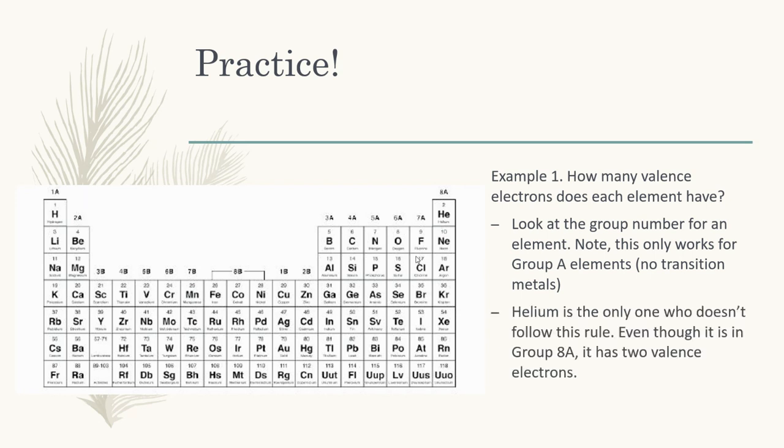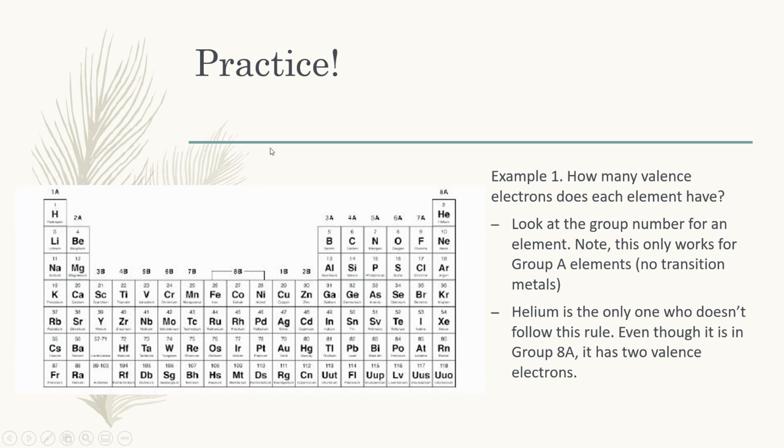The only one that doesn't follow this rule is helium. Even though it is in group 8A, it has 2 valence electrons. Whenever you see a question asking how many valence electrons helium has, you need to remember that it's the oddball, it has 2. The easy way to remember is that electrons correspond to the atomic number.